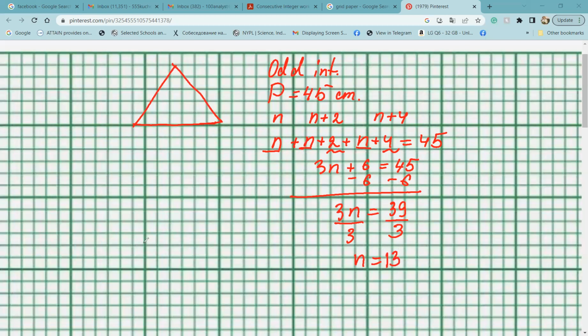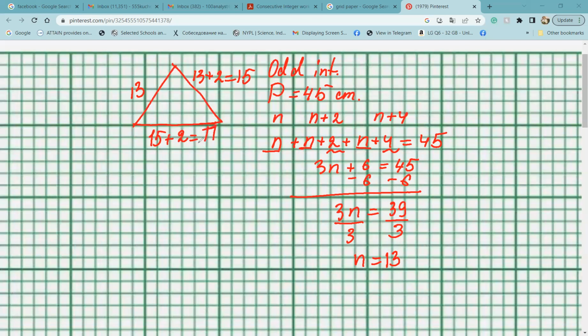So the first side is equal to, for example, 13. The second side will be 13 plus 2, and you get 15. The third side will be 15 plus 2, it equals 17.